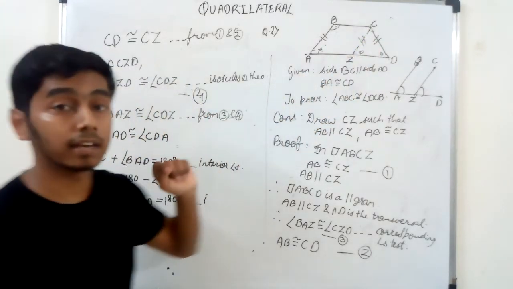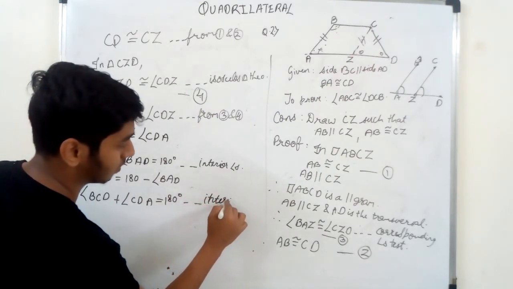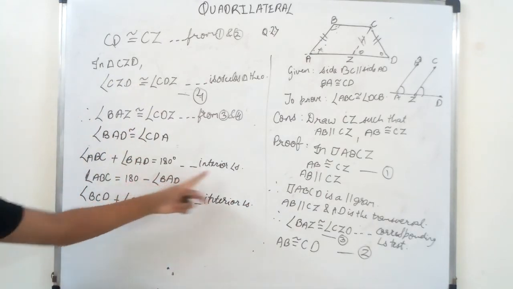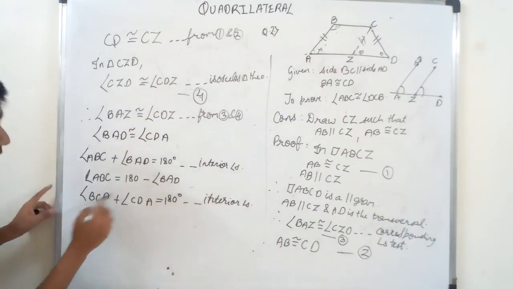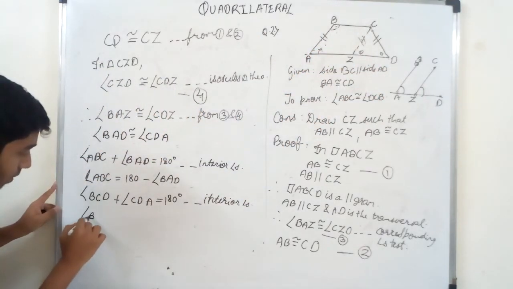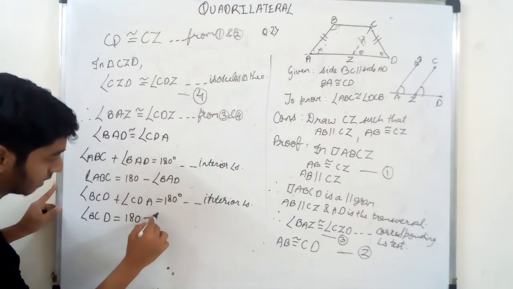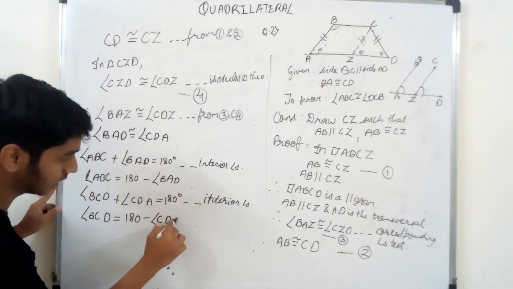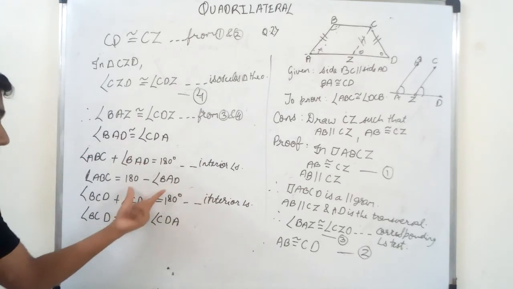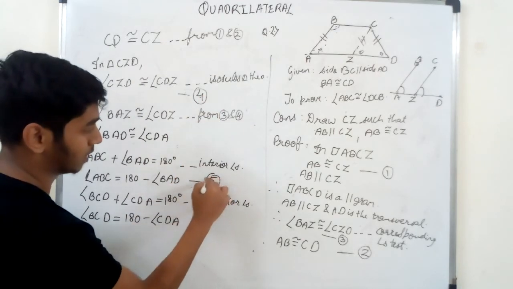This angle plus this angle. So again, interior angles are supplementary. You can complete that. Therefore, what are we supposed to find? BCD. So keep the BCD here equal to 180 minus CDA, correct? So we have got this and this. Let's name this as equation 5.